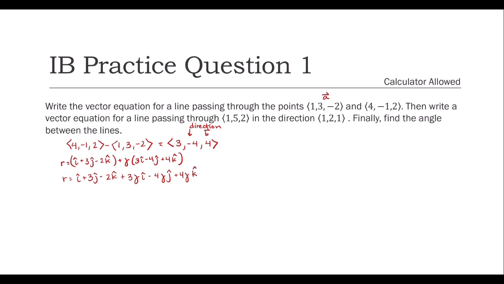We'll combine our terms, so we get r equals (1 plus 3 gamma) times i plus (3 minus 4 gamma) times j plus (negative 2 plus 4 gamma) times k. So this is your equation for your first line.